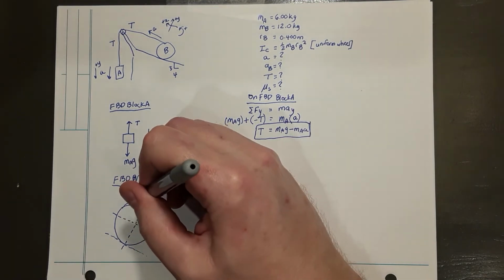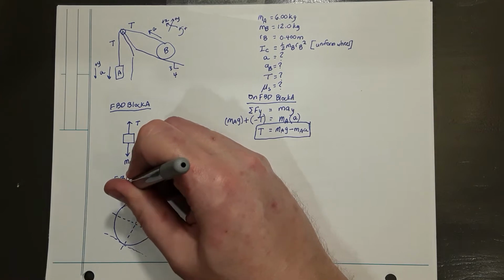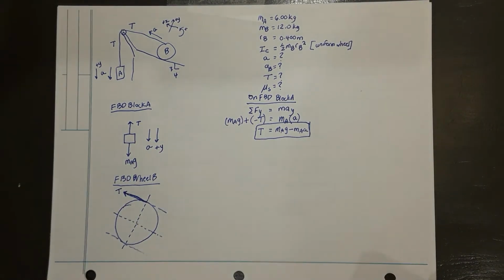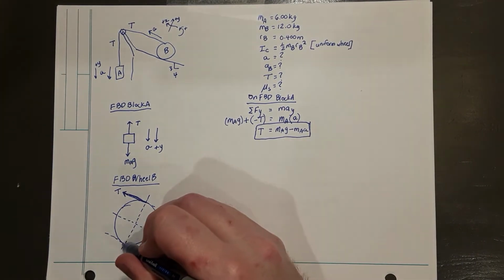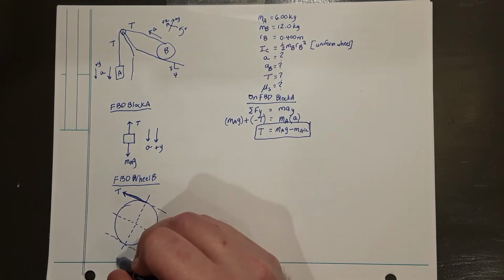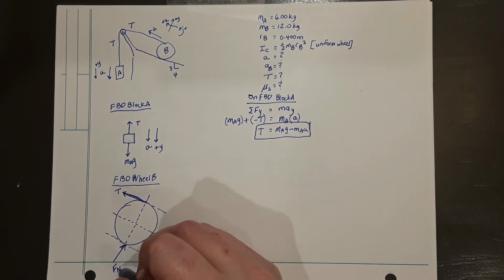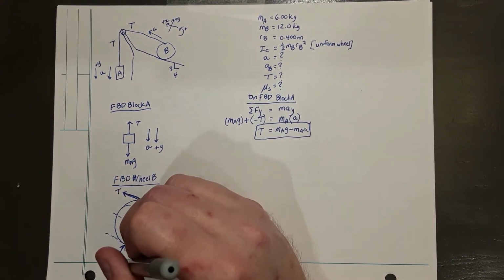So the object is physically connected to the cable. The cable is going to exert a cable force pulling, tension, acting at the top of the wheel, and the surface upon which this wheel rolls is going to exert two loads. A normal force on object B, on the wheel, and also a force of friction.